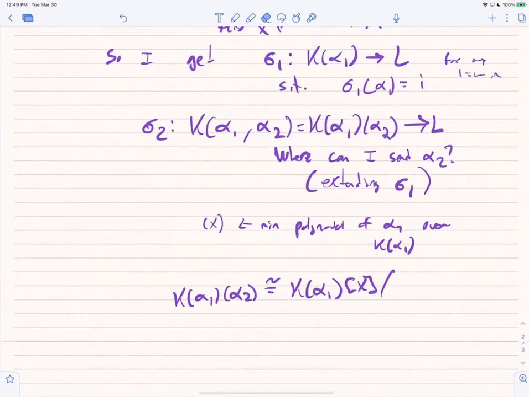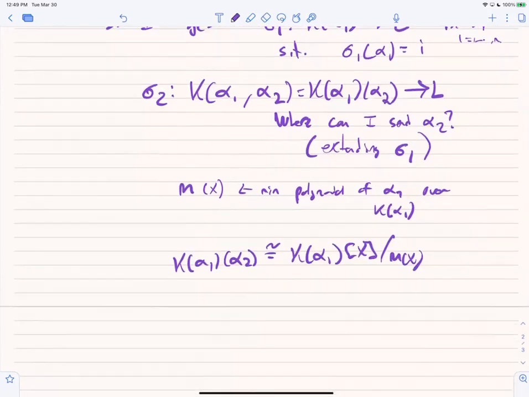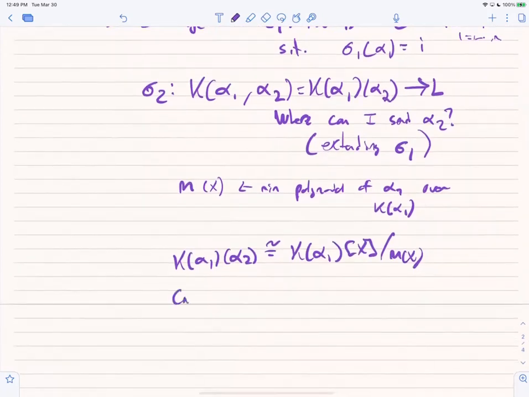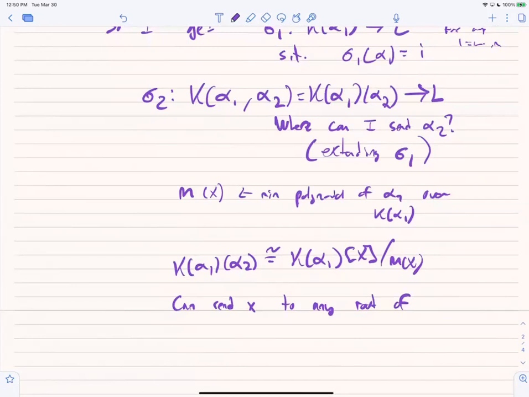Let me just call this M, because otherwise it's going to get too much notation. And so that means I can send x to any root of the following: sigma M of x.